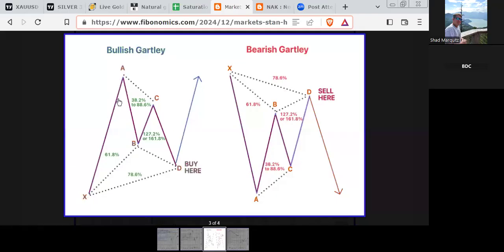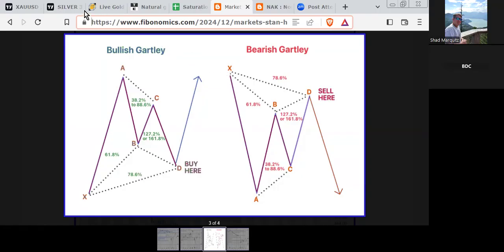The long, then down here, and we didn't break the 78.6. The other is not as pretty as this. And the bearish is just the opposite. But ignore the other percentages here. The percentage in Gartley that's incredibly important is the 78.6%.